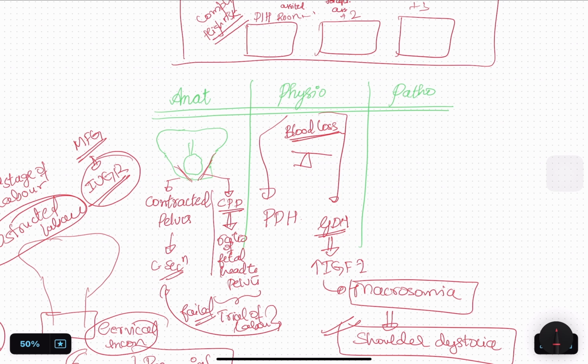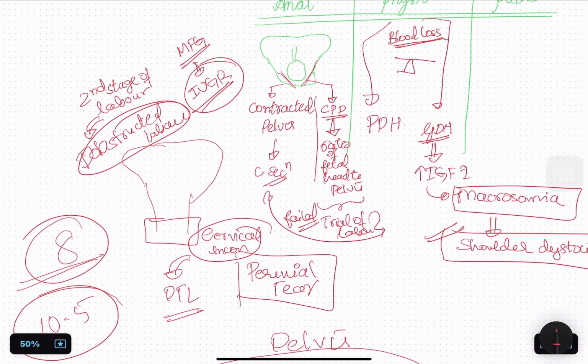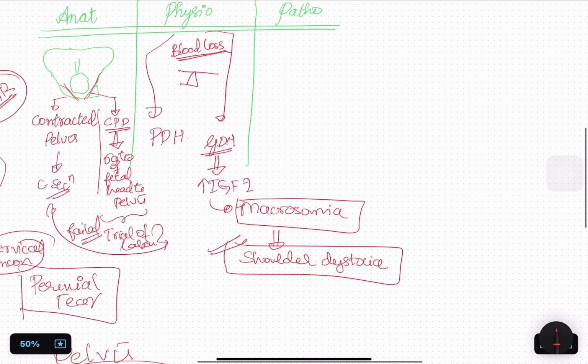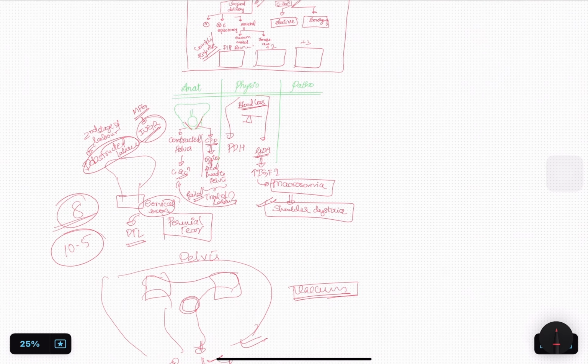We also discussed one of the causes of preterm labor, that is cervical incompetence, and obstructed labor, because if the second stage of labor is prolonged, it is called obstructed labor or prolonged second stage of labor. In the physiology part we discussed the most dreaded complication, that is PPH. Then we discussed GDM babies, who can have the complication of shoulder dystocia. These are the things which are expected to be known.